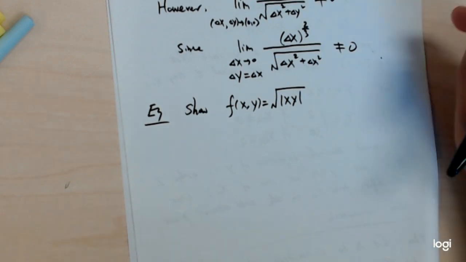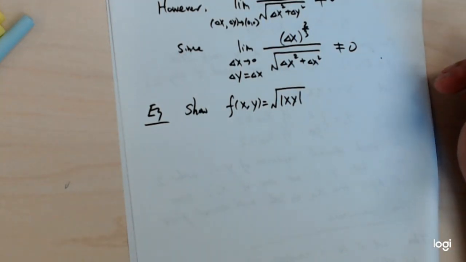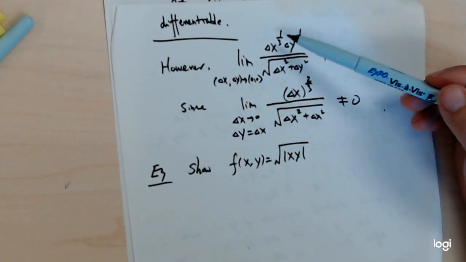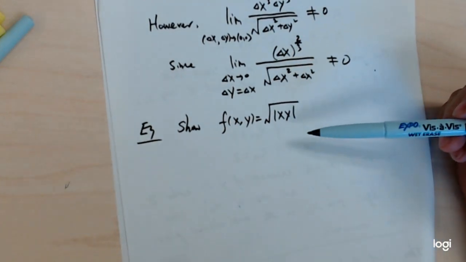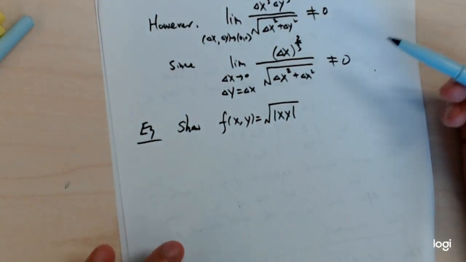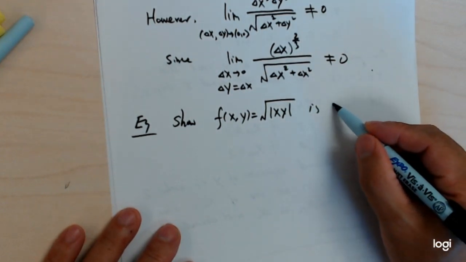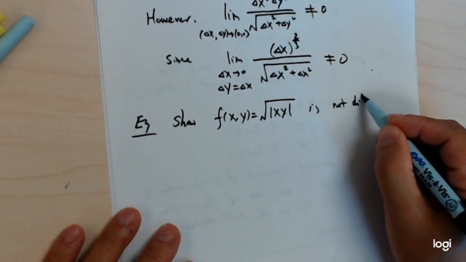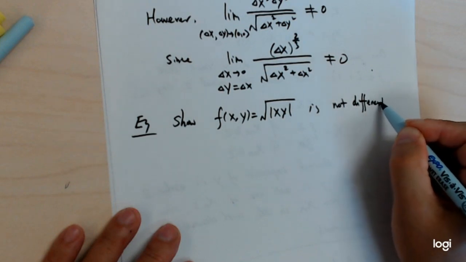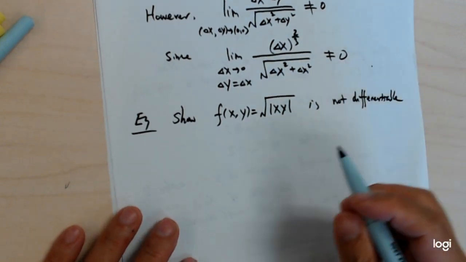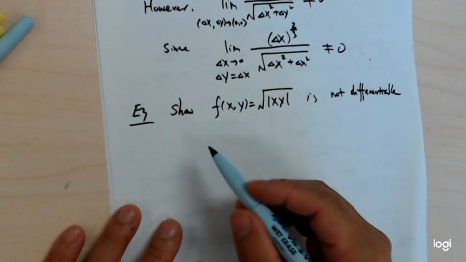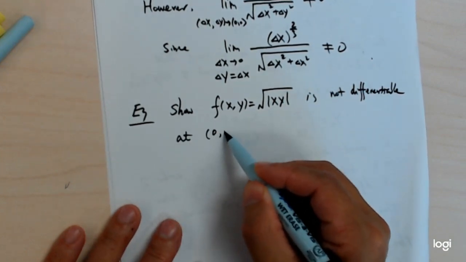This is similar to the previous example. In the previous example, the power was 1/3. This is 1/2. Show that this is not differentiable at the origin.